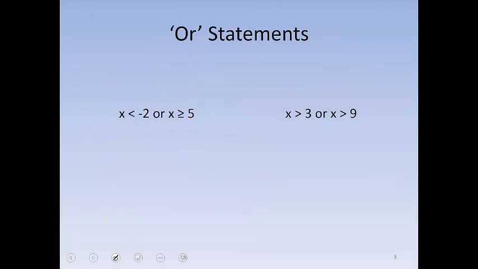The next thing we're going to talk about are the or statements. These are called compound inequalities, meaning that they're made up of more than one inequality. So we have these simple statements, x is less than -2, or x is greater than or equal to 5. Or statements are unions.